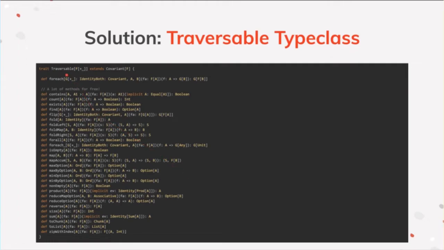ZIO Prelude has Traversable instances for Scala standard types. Here are some examples: we have Traversable for Option, Either, List, Vector, Map. And of course, as before with the Associative type class, we can also create instances of Traversable for our own collection types, and also for any other types that come from third-party libraries.